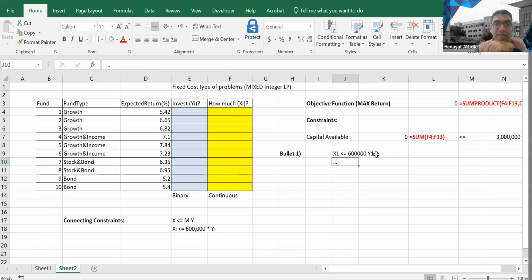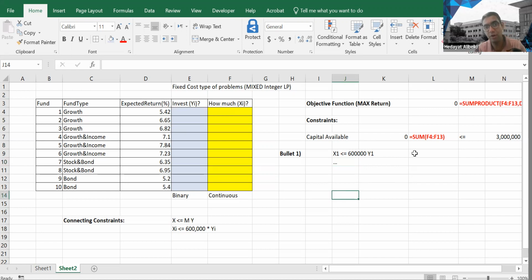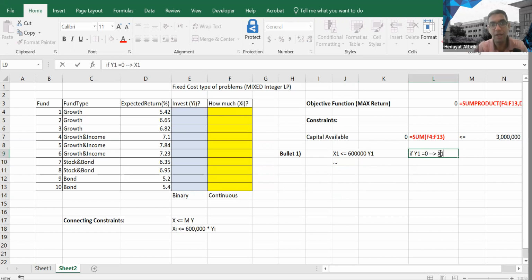So see what this does for x1. If y1 is 0, what happens? The whole value is 0, x1 is forced to be 0. If y1 is 0, then x1 has to be less than or equal to 0.